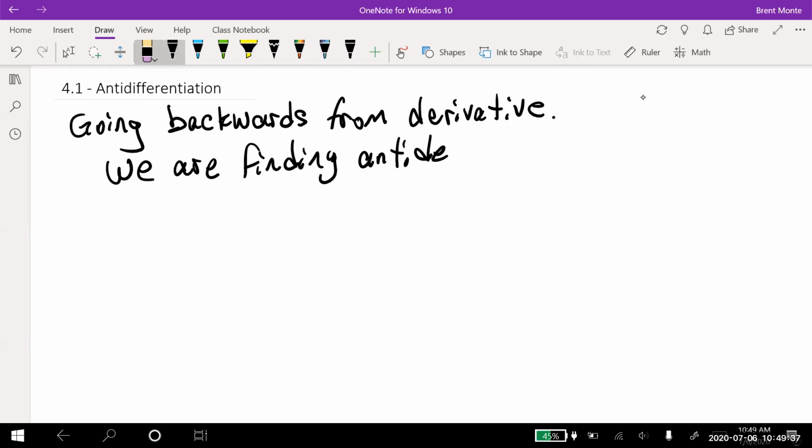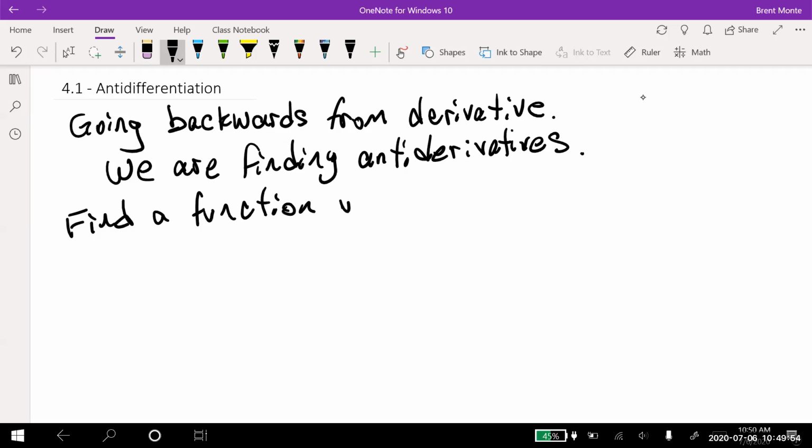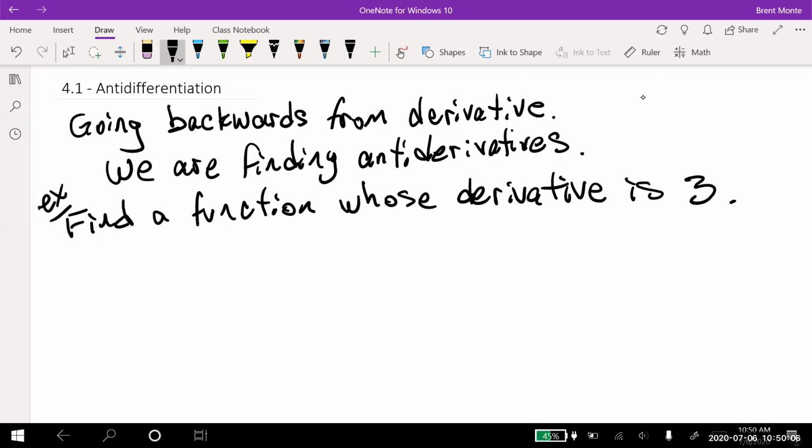Let's clear that up a little bit. And then the process of finding antiderivatives is called antidifferentiation. But for instance, say we want to find a function whose derivative is 3. Now, if we look at something like that, think about this.